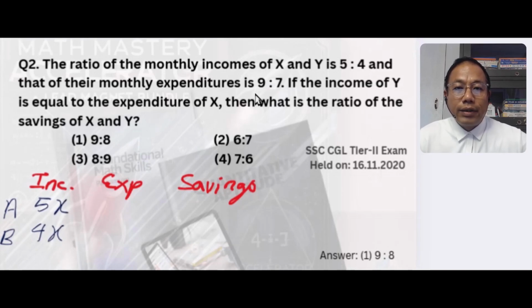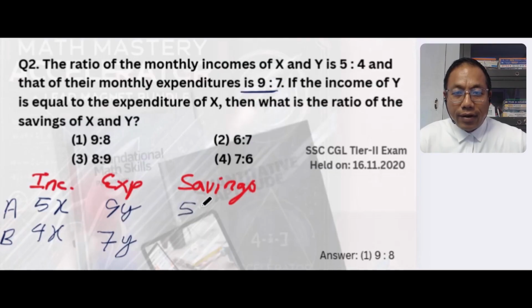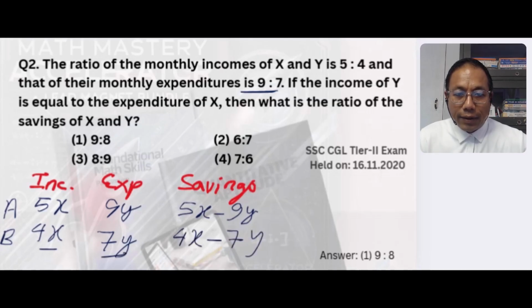And expenditure is 9 is to 7. Here, multiply with another variable, let's take y. Savings is income minus expenditure. 5x minus 9y is savings of A. Savings of B is 4x minus 7y.